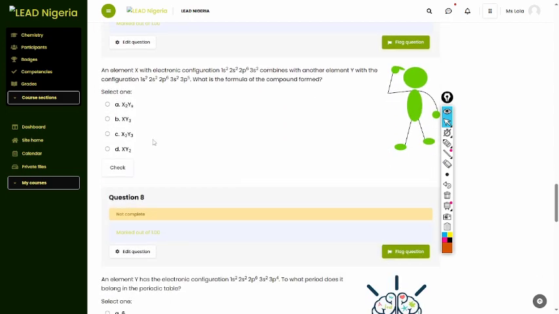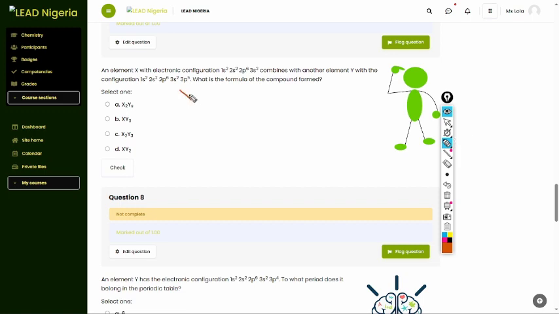Alright, an element X with electronic configuration this combined with another element Y with this configuration, what is the formula of the compound formed? In order for us to write the formula of the compound, we need to first figure out what the oxidation number or combining power of each of the elements is.